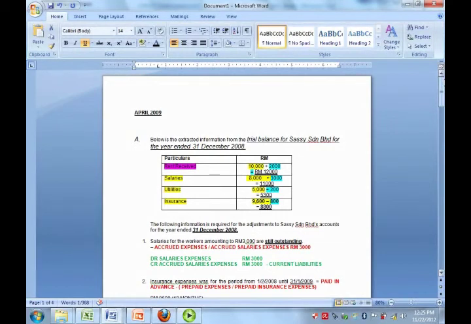That is accrued. Last, prepaid. What is prepaid? Alright, pay in advance. When you pay in advance, we consider as prepaid expenses. When prepaid, you don't forget to minus the original amount in your old trial balance. Alright? And two items, one will go to income statement, the expenses itself, and your balance sheet we consider as prepaid expenses.